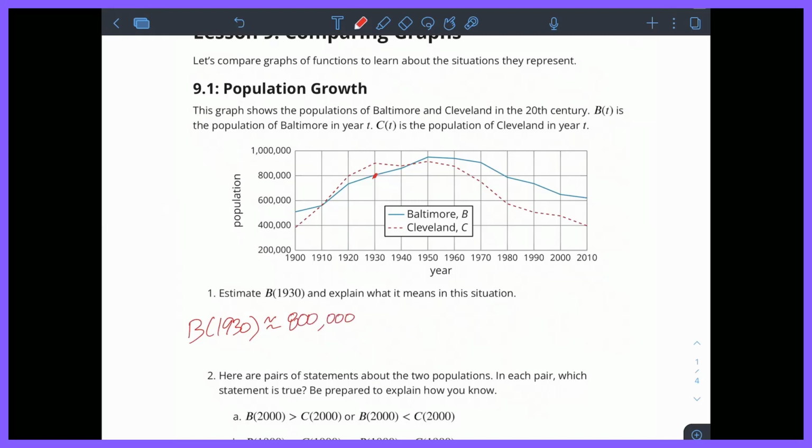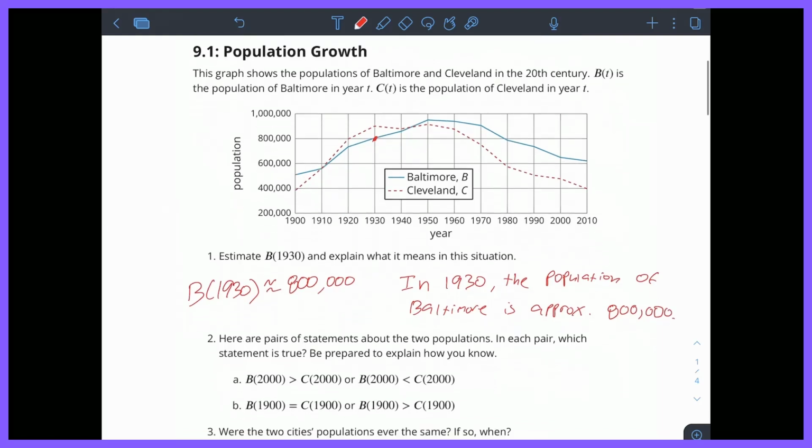And what that means, essentially, is that in the year 1930, the population of Baltimore is approximately 800,000 people. Okay, using that graph, we can pull that information quite easily.